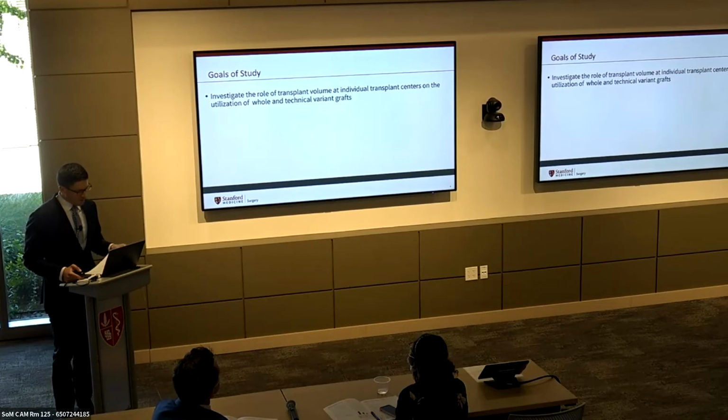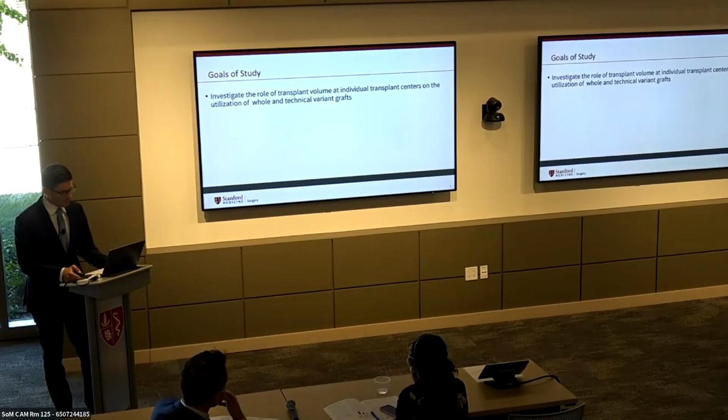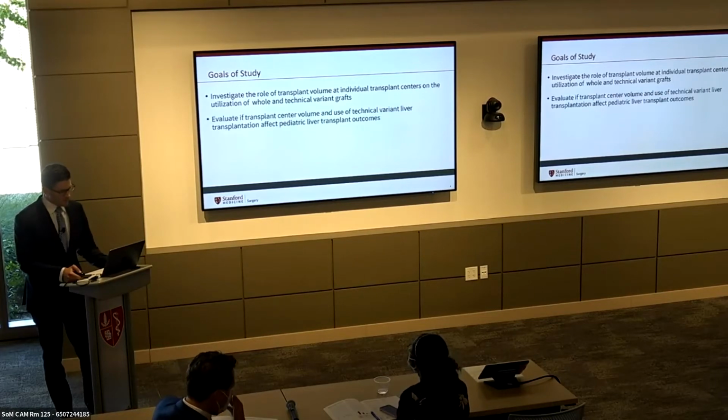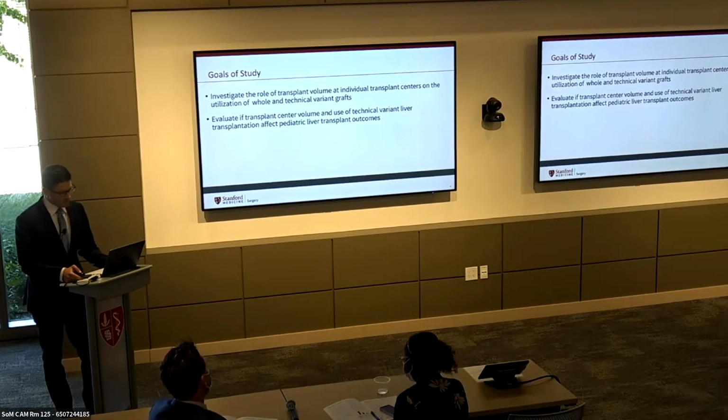As pediatric patients continued to die on the waitlist in the United States, we sought to better understand the role that transplant volume at individual transplant centers may have on the utilization of whole and technical variant grafts. Additionally, we evaluated if transplant center volume and use of technical variants affect pediatric liver transplant outcomes.